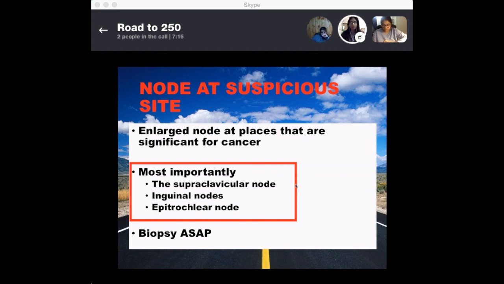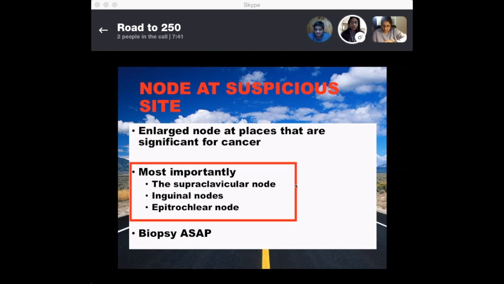Supraclavicular is around the clavicle, inguinals are in the inguinal area, and the epitrochlear is your elbow location. Like the pathology says, lymphoma is a malignancy of your lymph nodes.